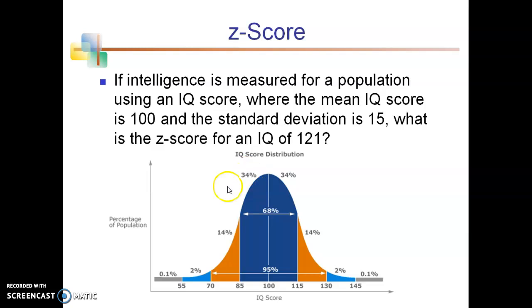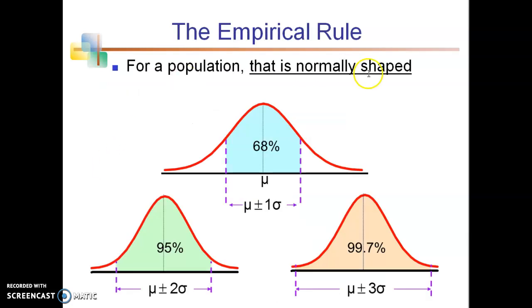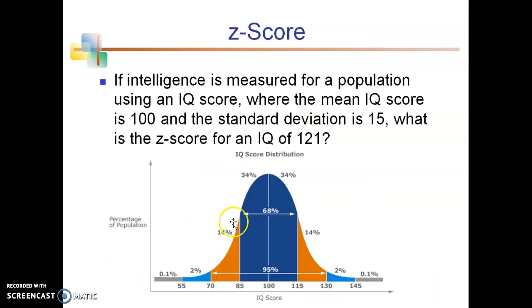Now, the other thing that this illustration shows us is our percentages, the empirical rule. Okay, is 68% and 95% respectively, and you can see that. So if we have a mean of 100 for IQ, we know that 68% of our data will lie within one standard deviation, one z-score.